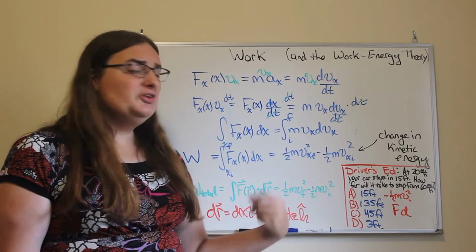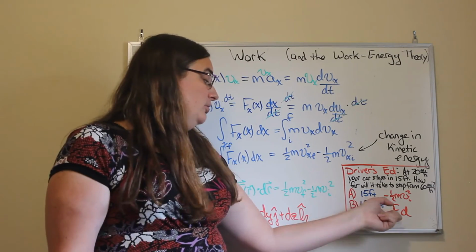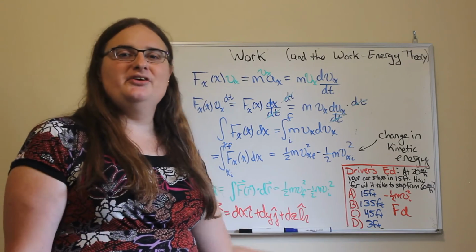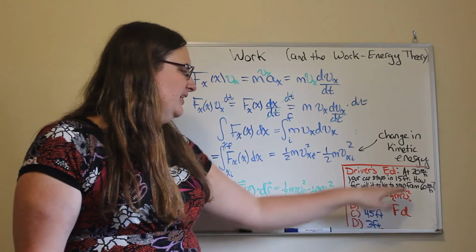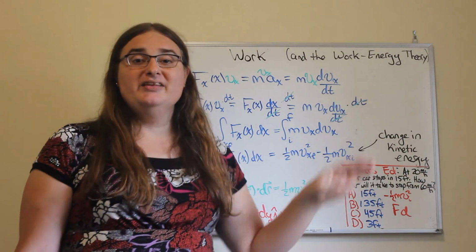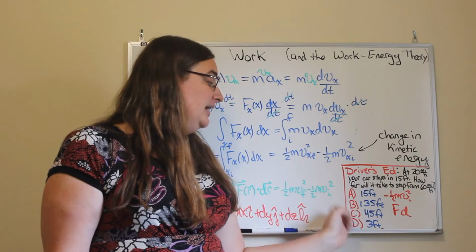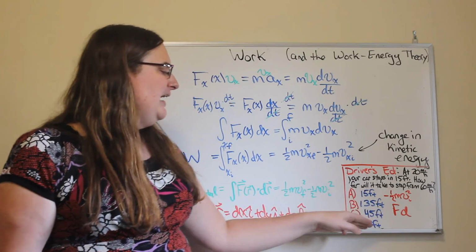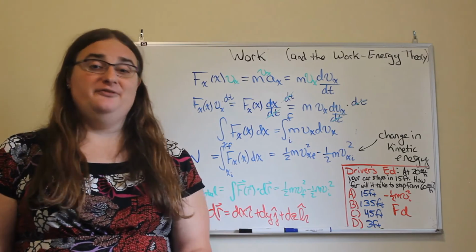The most commonly chosen answer, though, is what I wrote as C, not because most people guess C when they're unsure, but most people look at it and say, oh, I've gone from 20 miles per hour to 60 miles per hour, that's 3 times faster, I should go 3 times farther.